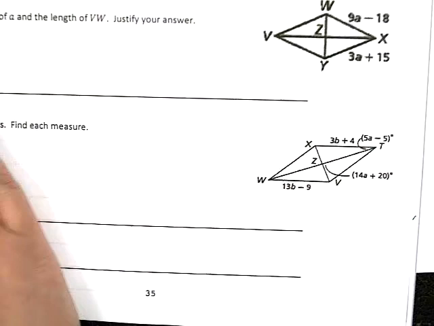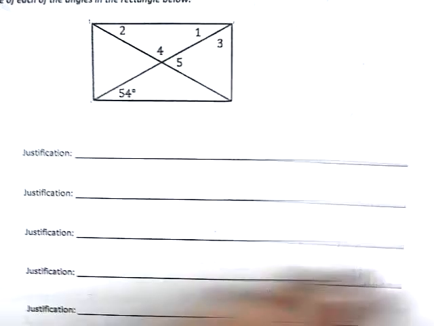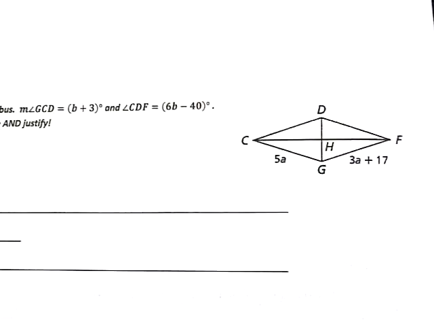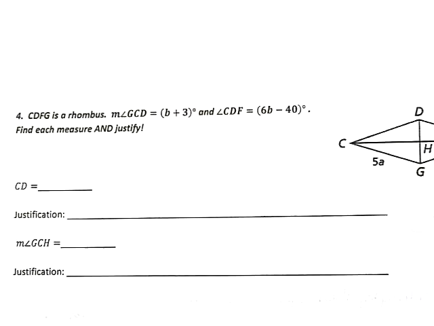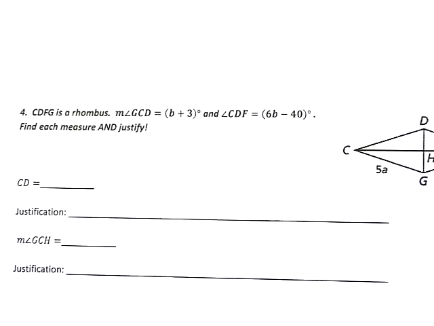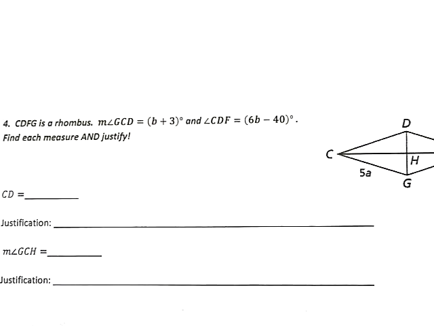Cool? All right, so a couple more that we've got to look at. Looking at number 4 right there, we've got a lot going on, right? We've got a rhombus, okay?